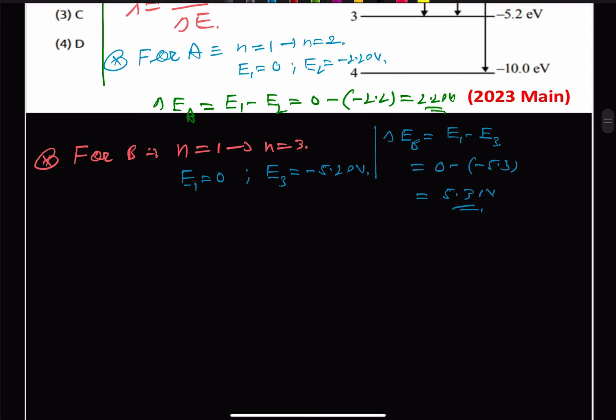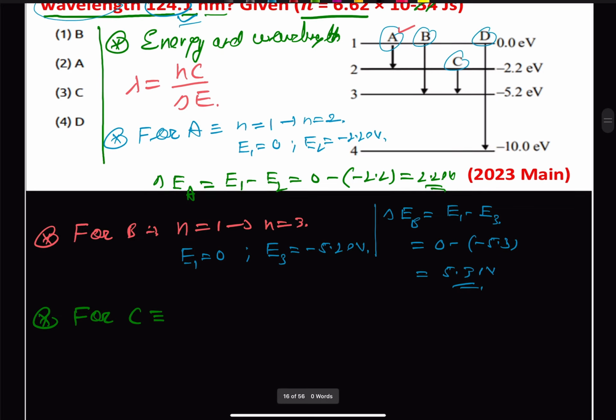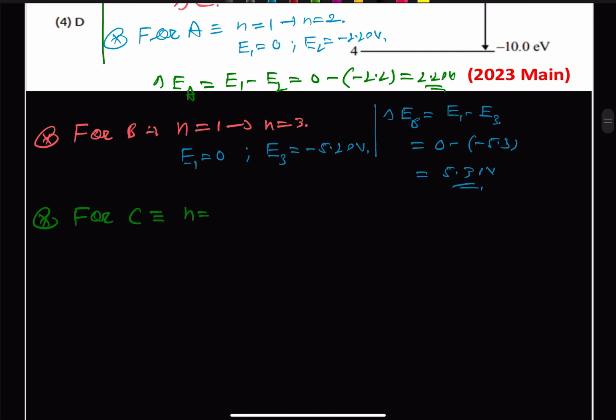Now let us deal with C. For C, the transition is from N2 to N3, and energy at 2 is given as minus 2.2, and energy at 3 is minus 5.2.